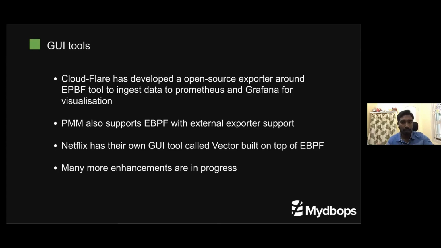So Cloudflare has its own BPF exporter, which sends the stats information to Prometheus, and that can be graphed with Grafana. We also have extended PMM support. I hope everyone knows about PMM, which is used for performance monitoring and analysis. PMM also has provision for external exporter support, by which you can integrate eBPF exporters with it.